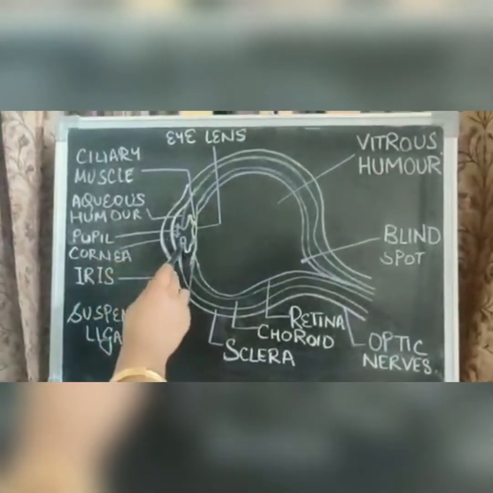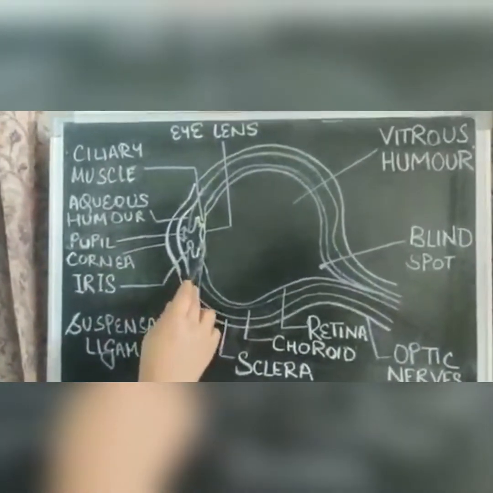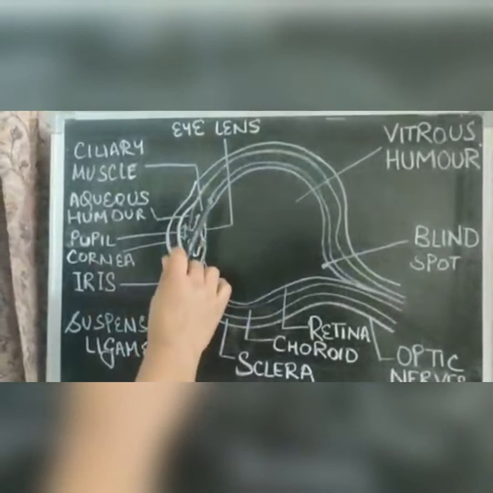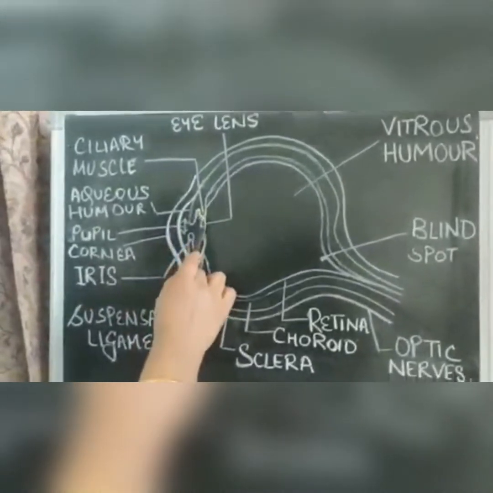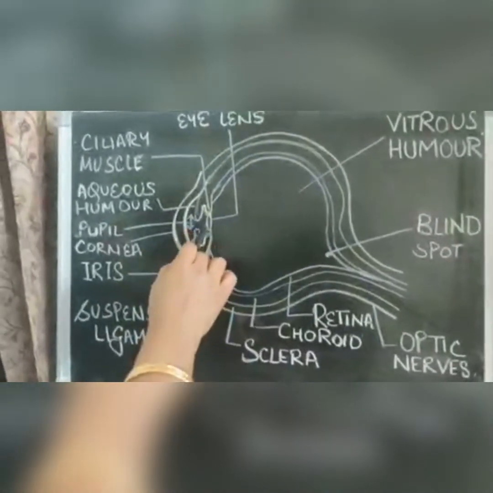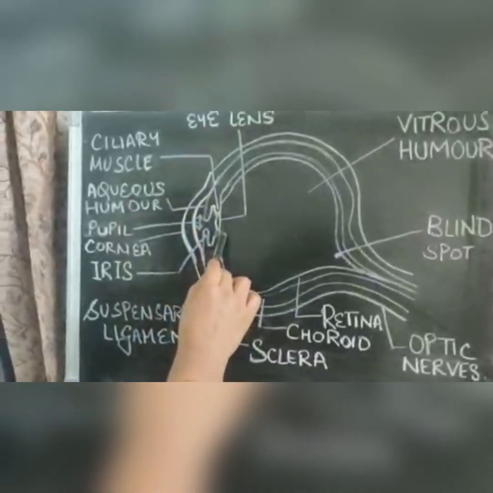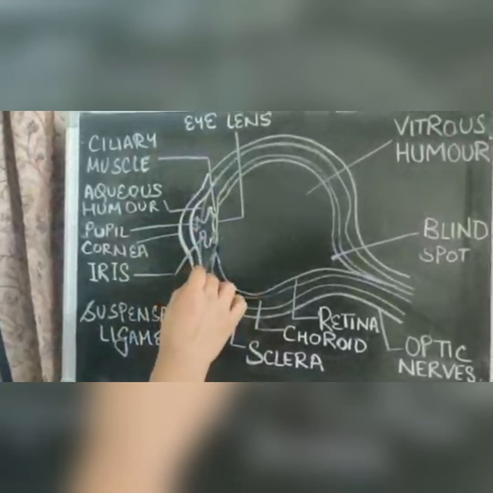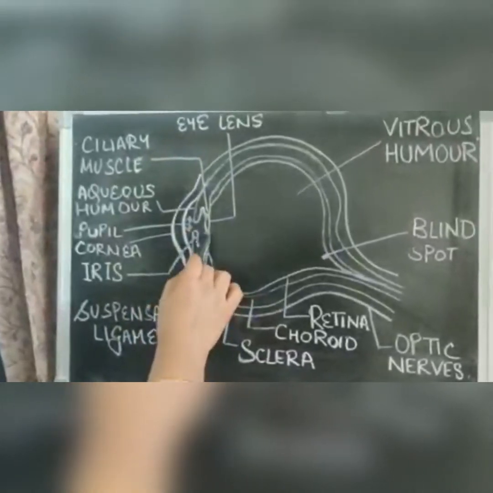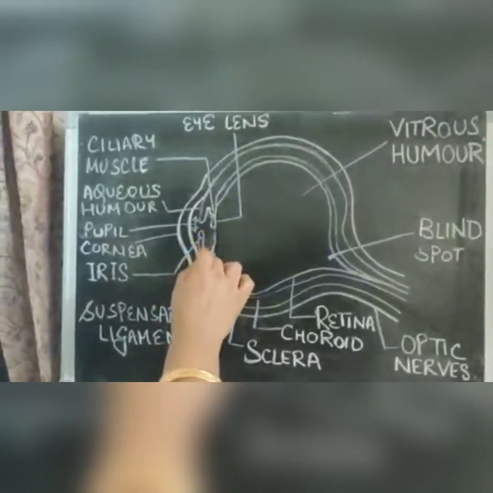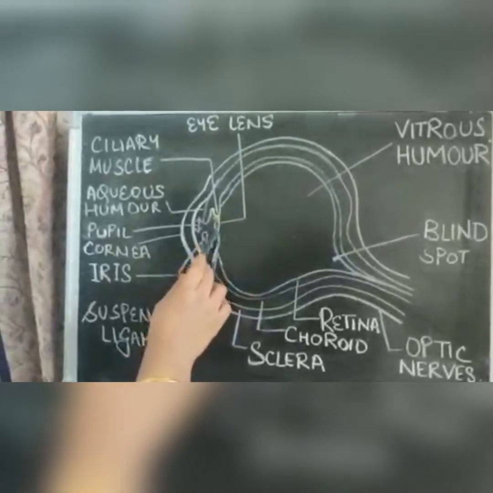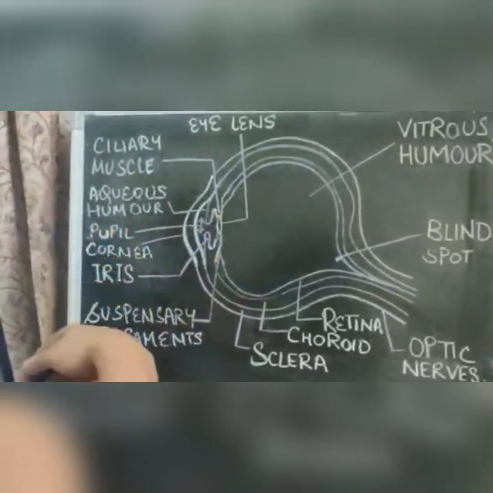Just behind the iris, there are ciliary muscles. These ciliary muscles hold the eye lens at its proper place with the help of small suspensory ligaments. So what is the role of the ciliary muscles? It adjusts the focal length of the lens to see nearby and far objects.